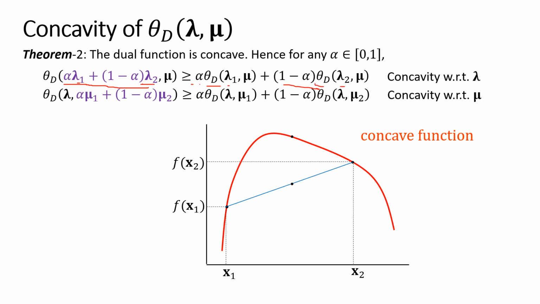This is concavity with respect to lambda. And likewise, concavity with respect to mu is theta d of alpha mu 1 plus 1 minus alpha mu 2, which is a convex combination of mu 1 and mu 2, is greater than or equal to alpha theta d of mu 1 plus 1 minus alpha theta d of mu 2. That's concavity with respect to mu.